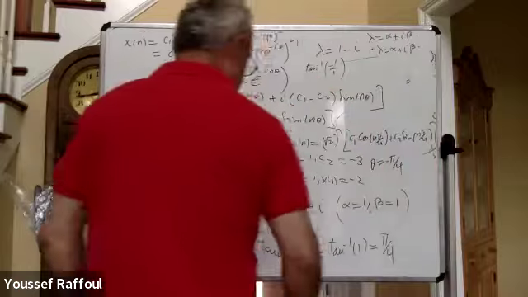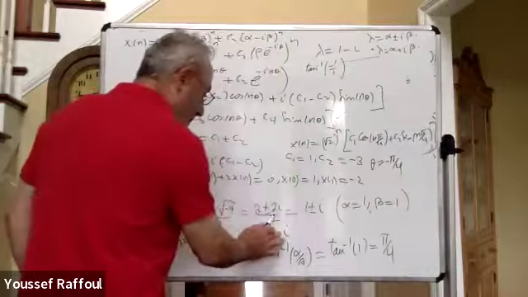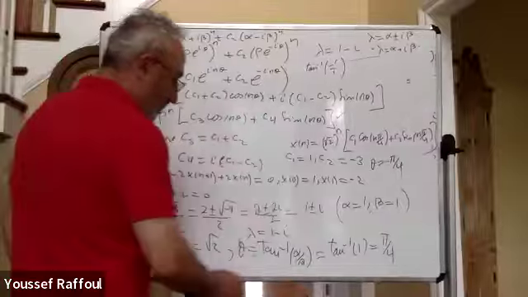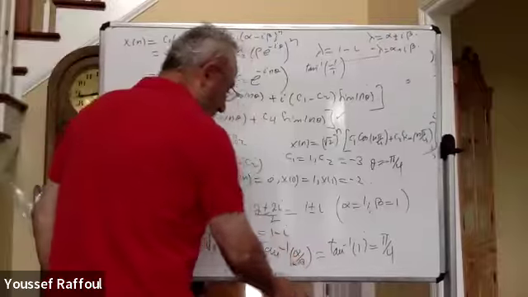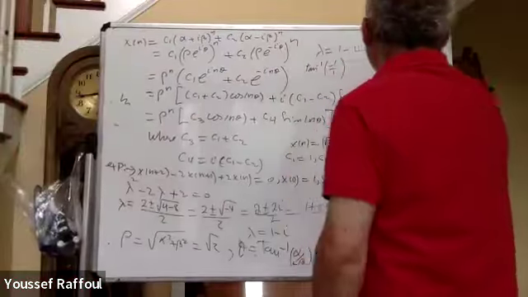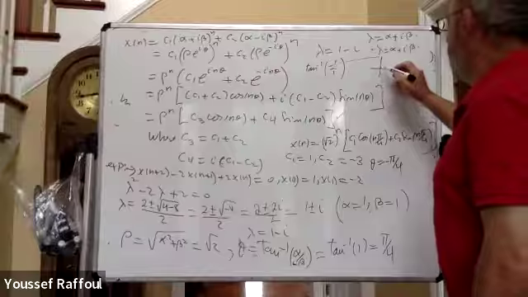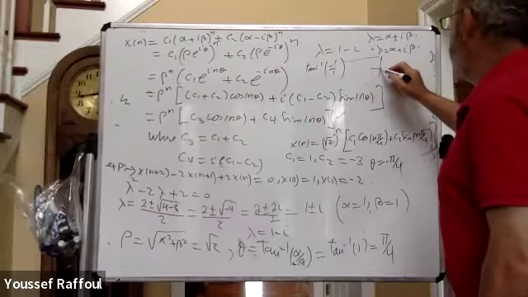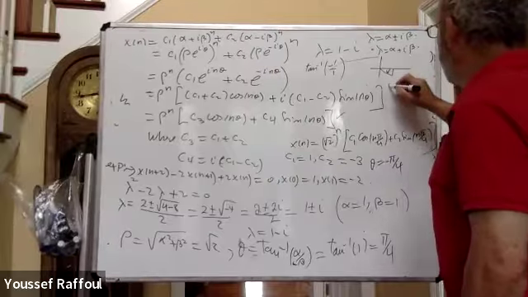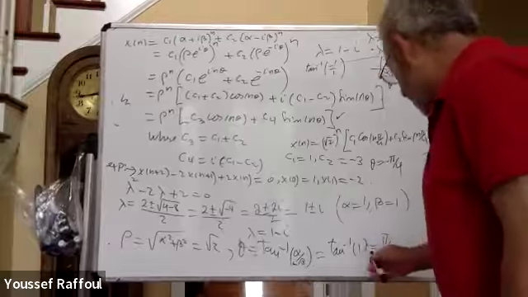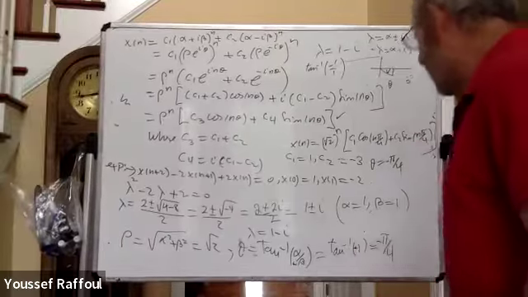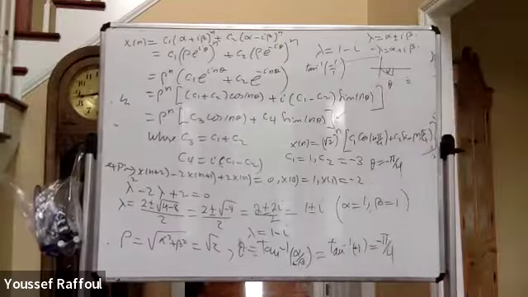However, now if you take lambda equal 1 minus i, then this will be minus. So your angle, alpha is positive and beta is negative. So your angle is this one. So theta is going to be minus 1, that is going to be minus pi over 4.